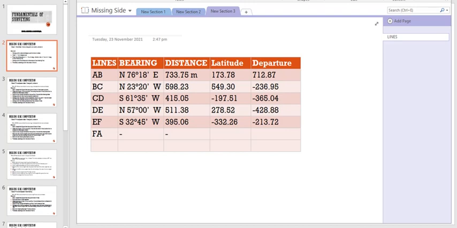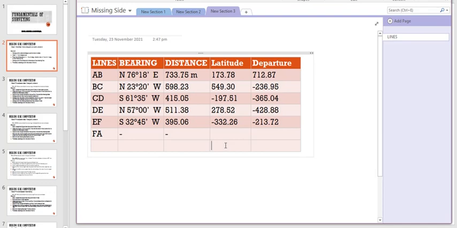Okay, so we have computed all of them. Now we will just sum the latitudes and departures. So 173.78 plus 549.3 minus 197.51 plus 278.52 minus 332.26 equals 471.83.